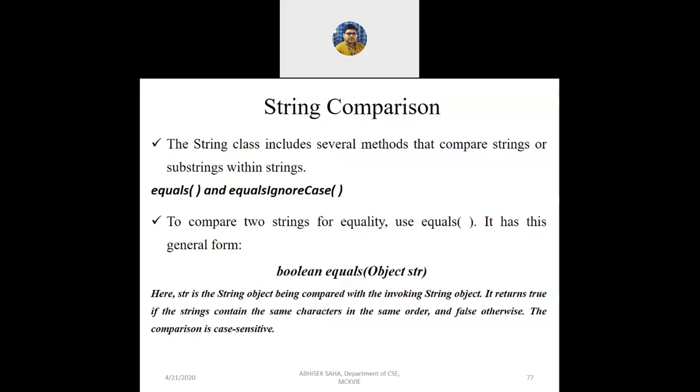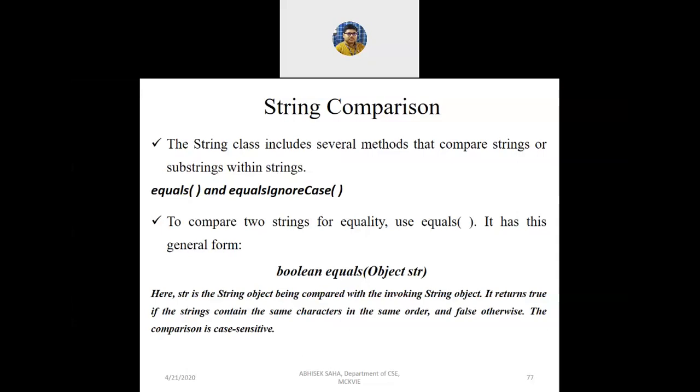Definitely one of them should be invoking. In this case str1 is invoking the function equals, and it is comparing whether str1 is equal to str2 or not. So as a parameter we need to pass a string object, and ultimately the function equals returns a boolean value.